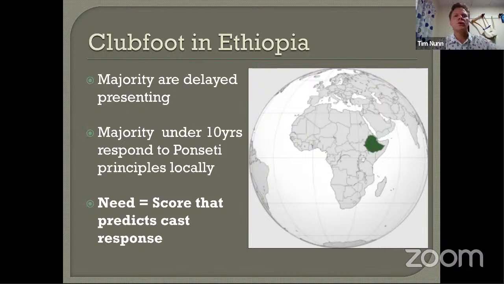Essentially, we needed a score that predicts cast response, so that we can determine which cases need referral to our centre, which is Cure Ethiopia, and which could be managed more locally, with provincial towns taking some of the burden off of our institution in providing this care.